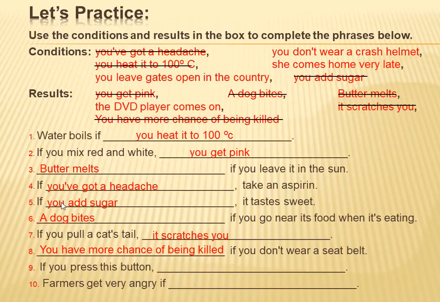Number 9: if you press the button, what happens? The CD player comes on. Yes, correct. The CD player comes on. The last one, homework: a farmer gets very angry if you leave the gate open in the countryside.